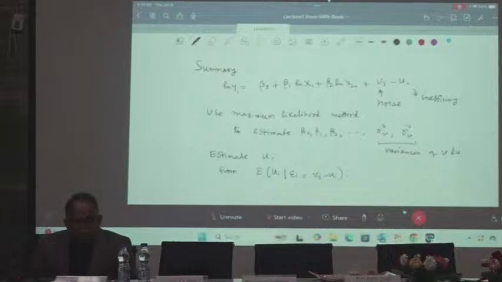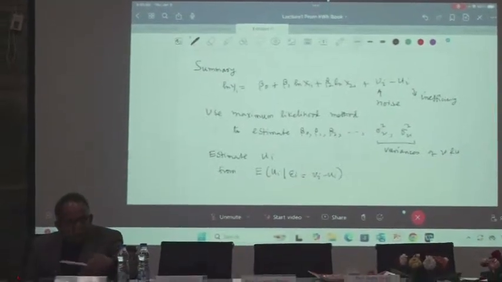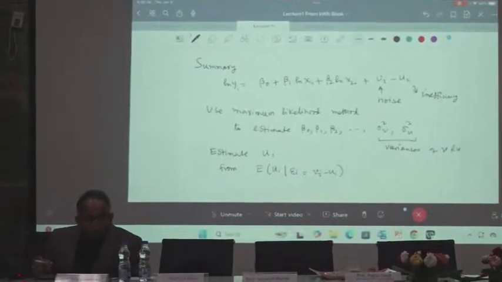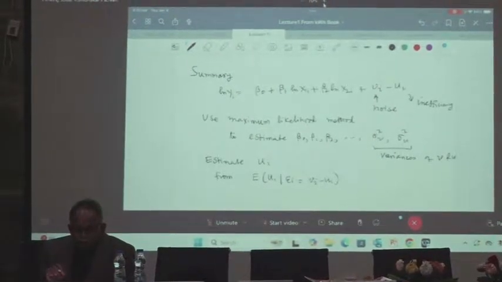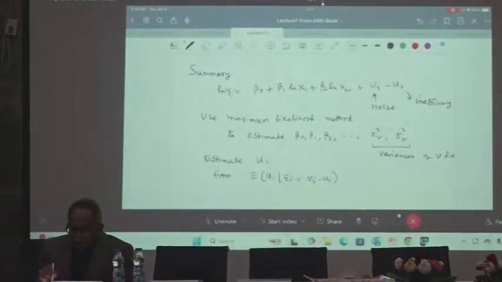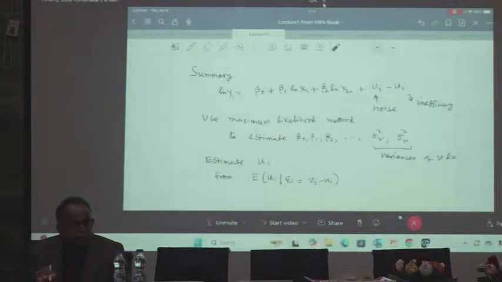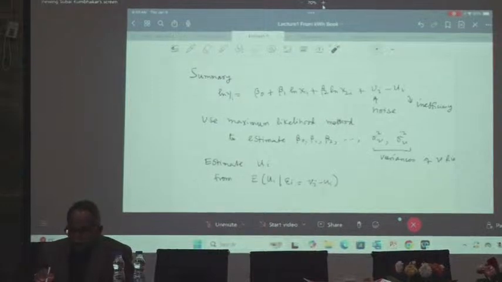Okay, so let me summarize what I was doing in the last session. I started with what we call the Cobb-Douglas production function, which you can write like this after taking logs. The main thing here is the addition of this extra term, which we call inefficiency. You can interpret this as output-oriented inefficiency, in other words, output shortfall.